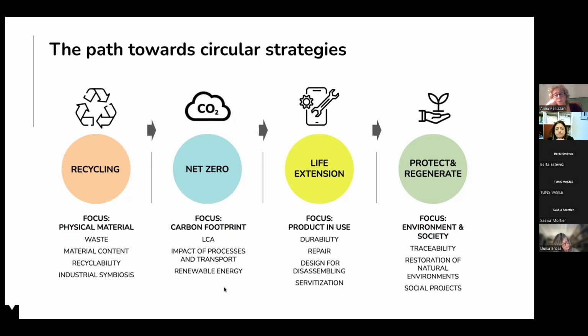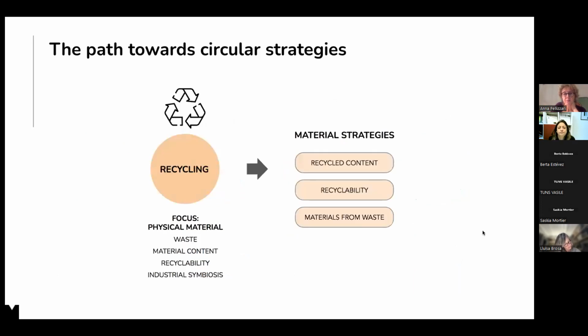How can I restore the natural environment where I have taken that material from? And can I impact positively, socially, on the place where I outsource my production or where I take the material from, etc. So it's a more, let's say, holistic and social type of approach, even when we talk about materials.